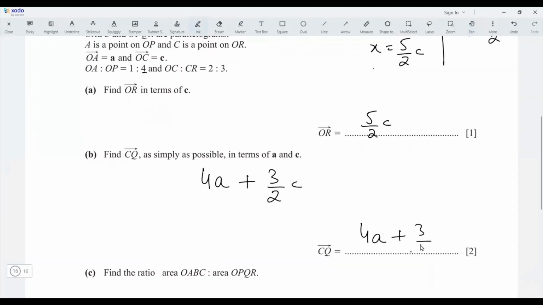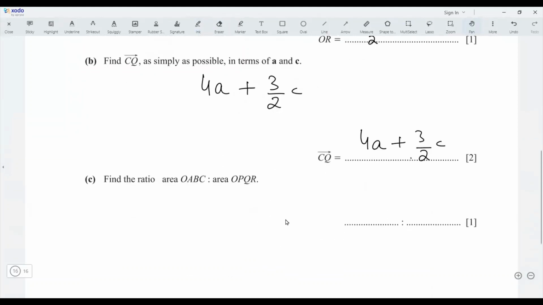So the last part, basically the ratio of the areas we have to calculate of both of the parallelograms OABC and OPQR. I'm simply making the parallelograms and writing down their corresponding ratios.